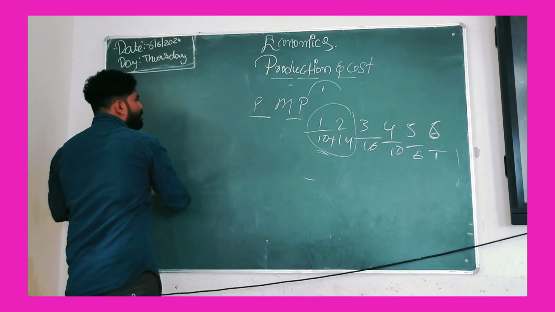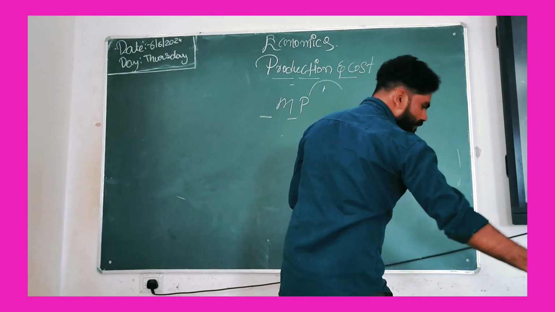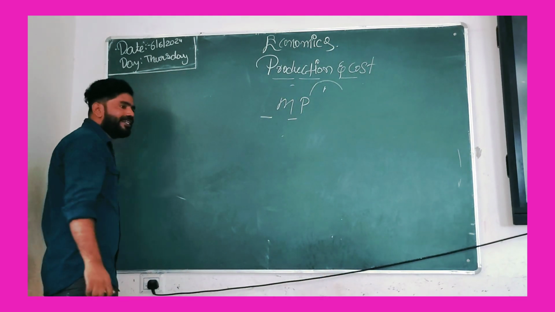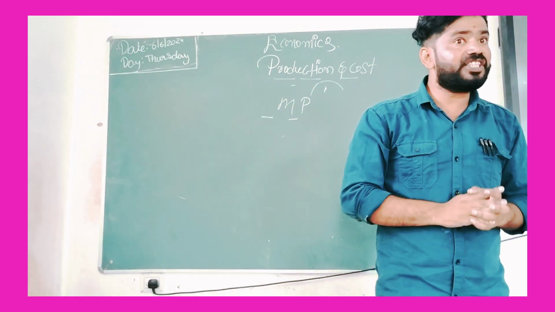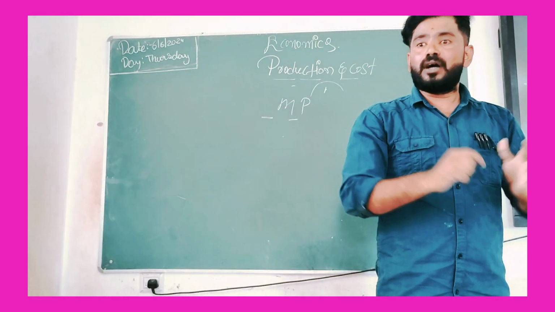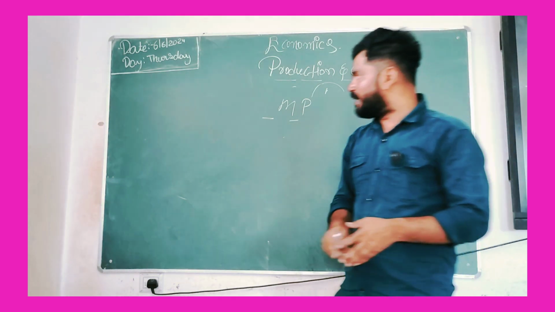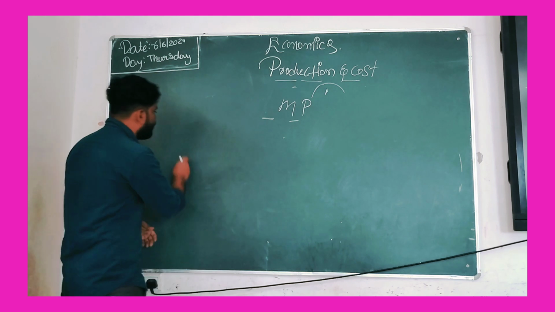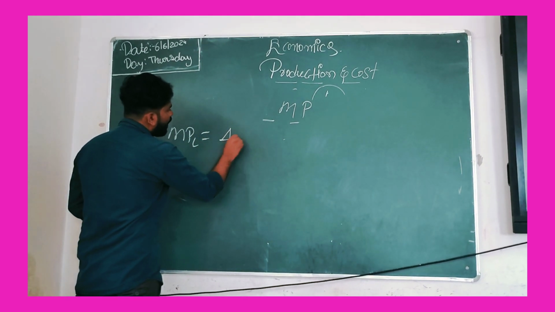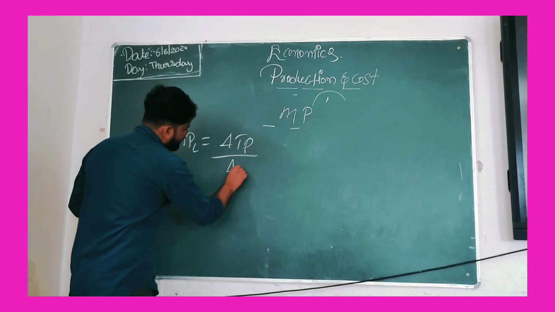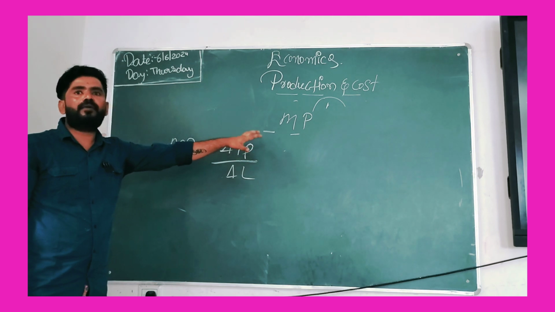Next, marginal production. Marginal production is also the change in output for a change in a unit of input. It also has a formula: MPL is equal to delta TP divided by delta L. Marginal product also has a formula.